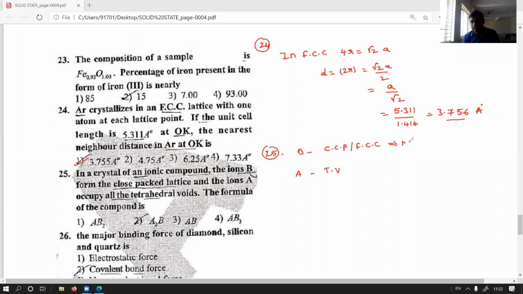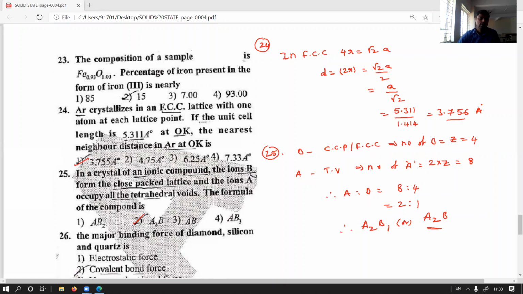The number of B atoms is Z equal to 4, and the number of A atoms is 2 into Z, because tetrahedral voids are double the number of atoms, so 8. Therefore the A to B ratio is 8 to 4, which is 2 to 1. Therefore the formula is A2B. So the correct answer is the second option.